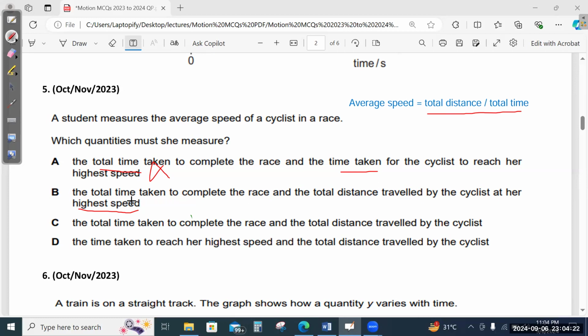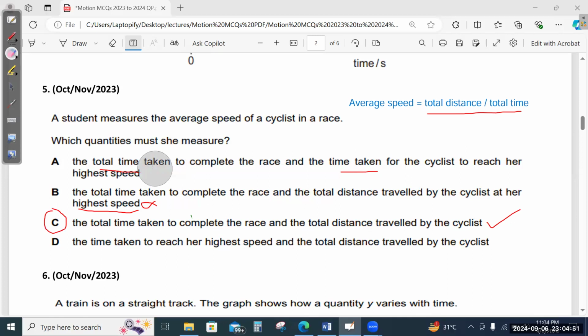That is why we use the term average. You can say that we add all the distance and total time taken, then you can find the average speed. Okay, in option C, the total time taken to complete the race, yes, this is correct, and the total distance traveled by the cyclist, yes, this is your correct option. So your option is C.